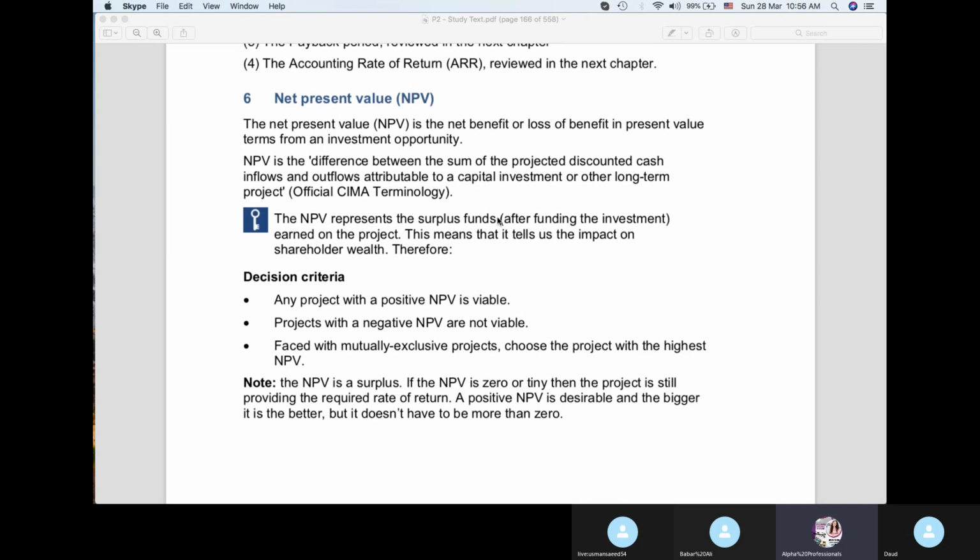So what is NPV? NPV is the net present value. From the name you could understand, whatever is the present value of all your future cash flows, in today's terms, if you would net it with the investment, that would give you the net present value.